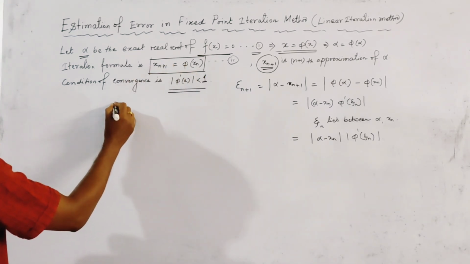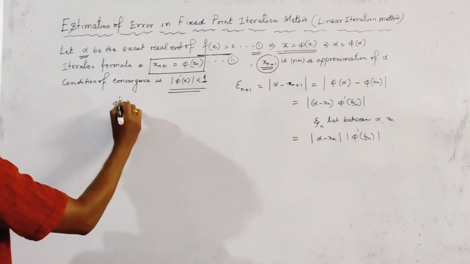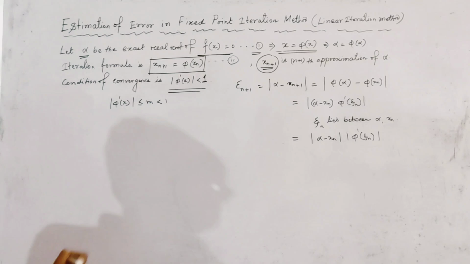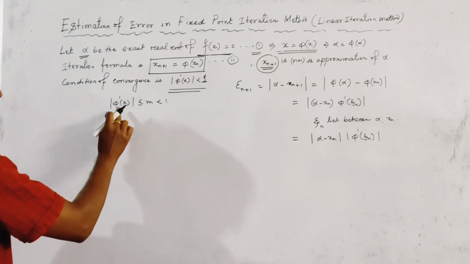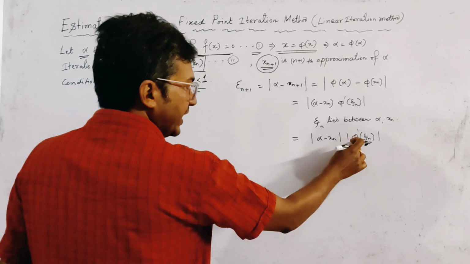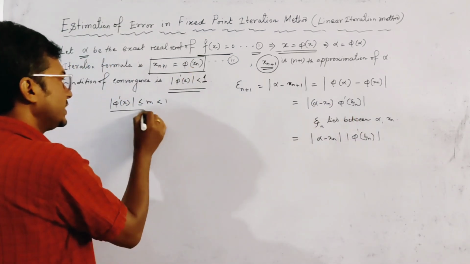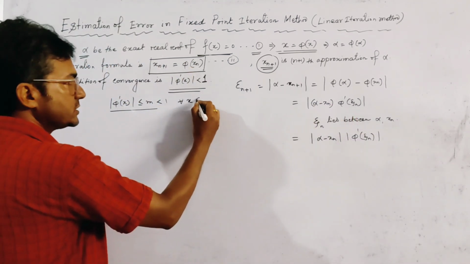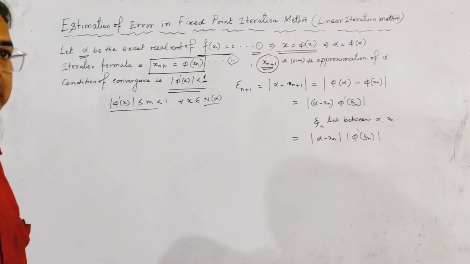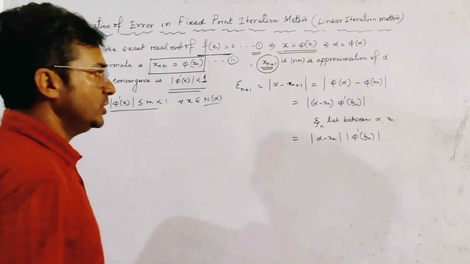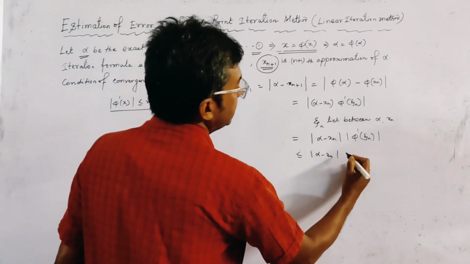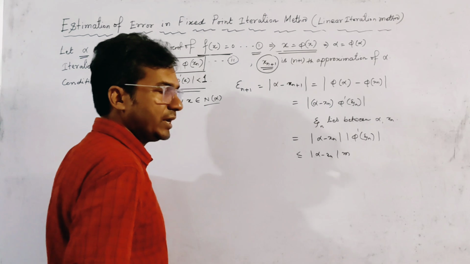So we take |phi'(x)| less than or equal to m, which is less than 1. We can put this value m in place of phi dash xi, because this relation holds for all x in the neighborhood of the exact root alpha. So we get this is less than or equal to |alpha minus x(n)| into m.